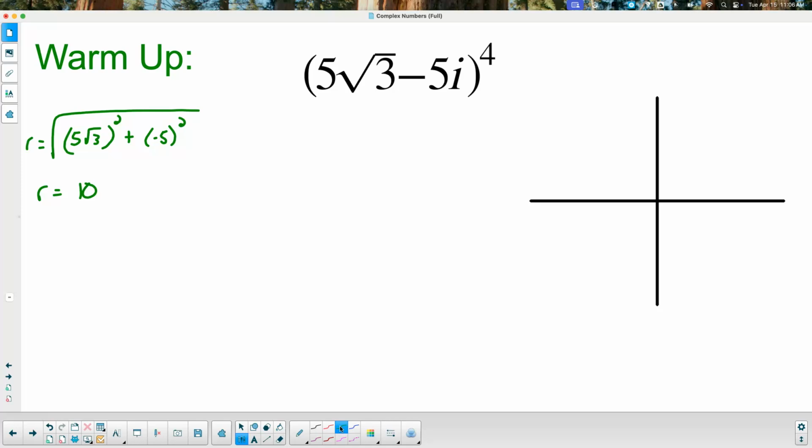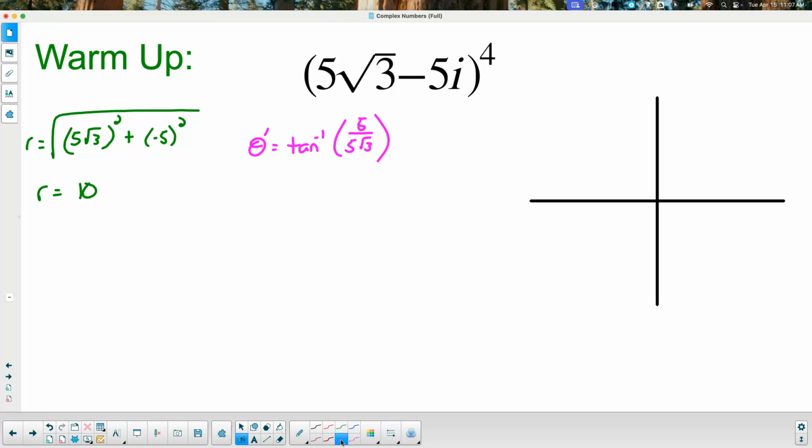Then hopefully you've also already seen that when we're dealing with a number and the number times the square root of 3, that's either going to be 30 or 60 degrees for your reference angle.